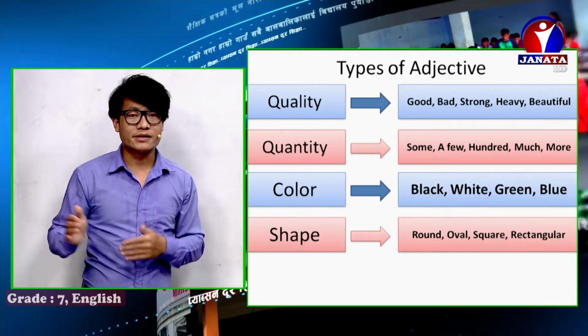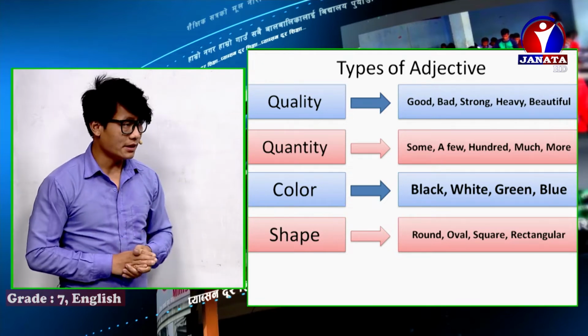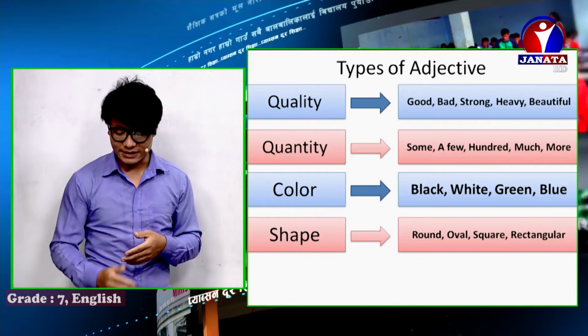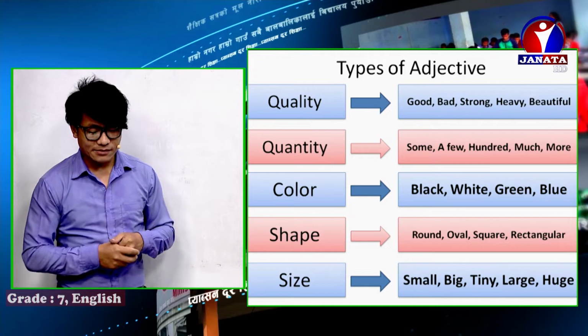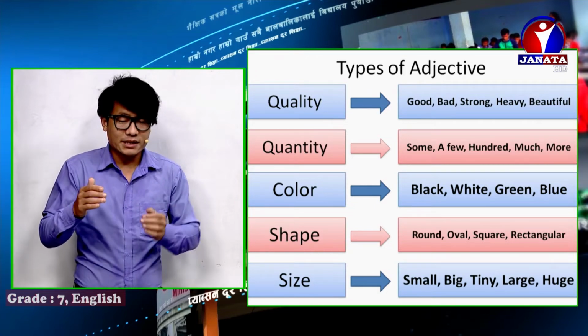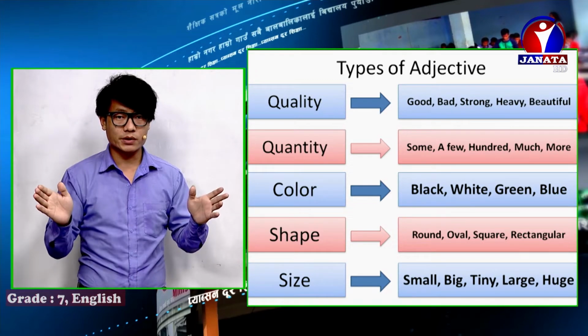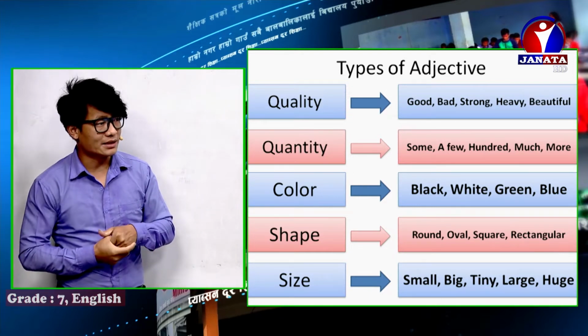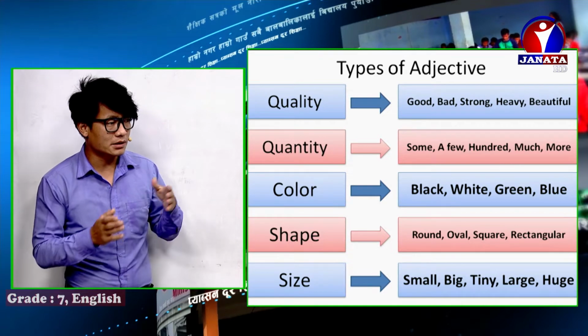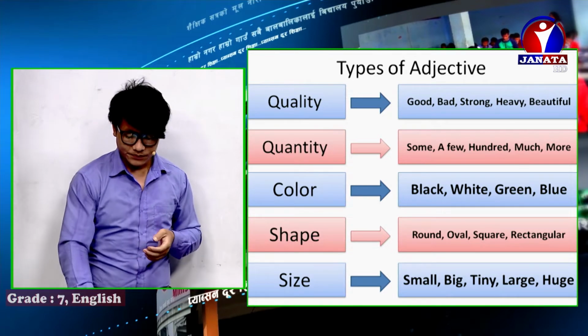These are shapes. So shape is one type of adjective. Next is size. Size means small, big, tiny, large, huge. These are examples of size adjectives.